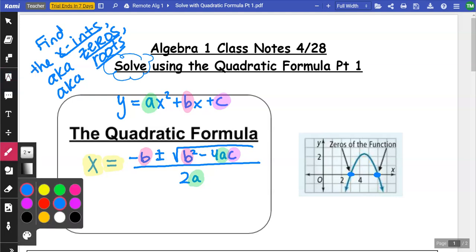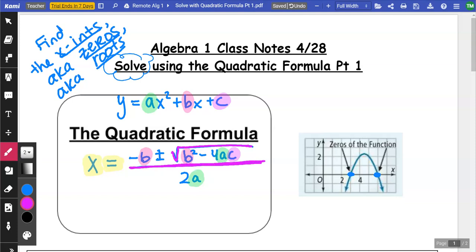So there's a couple things I need you to notice about this formula. The square root sign needs to go all the way across the b squared minus 4ac. You're taking the square root of all of that. And your division sign, your fraction bar, the all over part, needs to go all the way under the negative b plus or minus as well as the square root. That way we divide all of that by the 2a, or 2 times a.